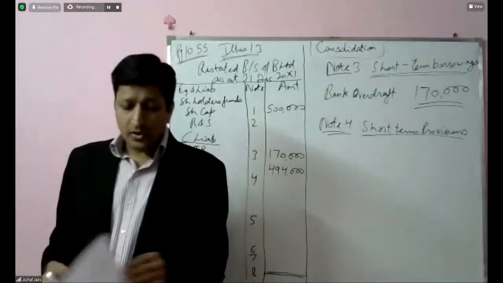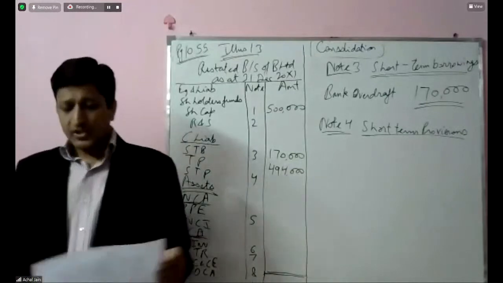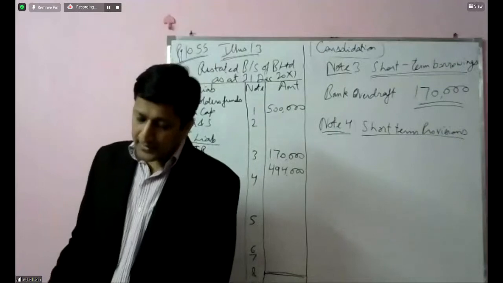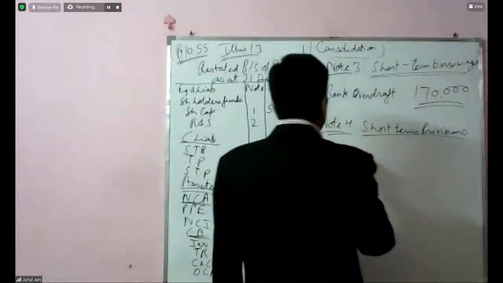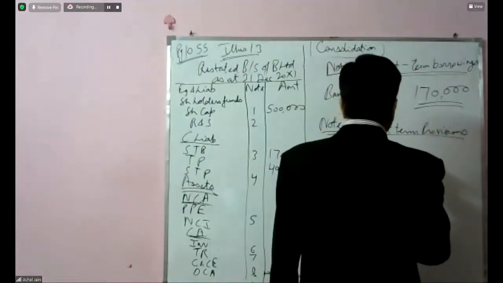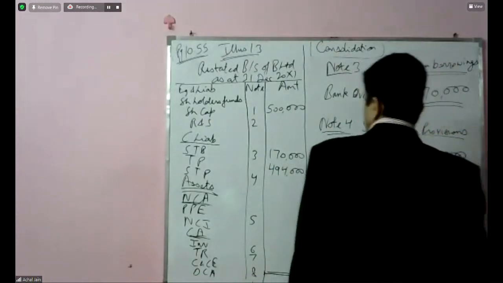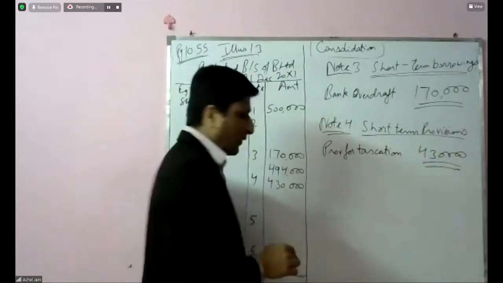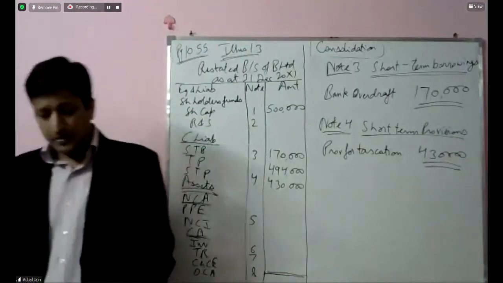In case of short-term provisions, what do we have? Provision for taxation. And what is the amount? 4,30,000. Again, there is no adjustment in this case.